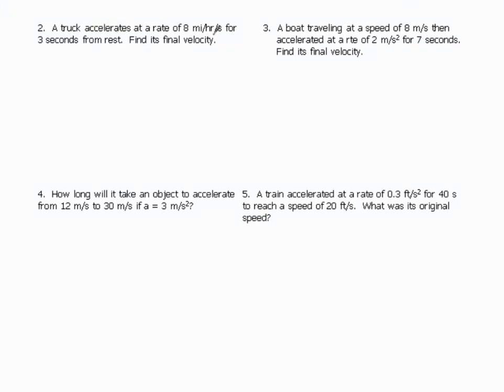It accelerates at 8 miles per hour per second, so we have an acceleration. For 3 seconds, there's our time. From rest, that's initial velocity, and that's 0. We want to know what is VF, the final velocity.